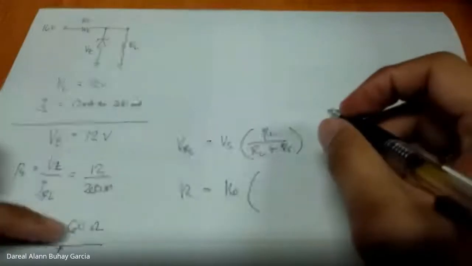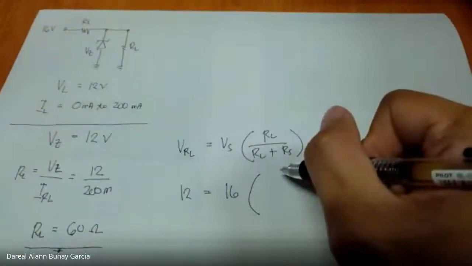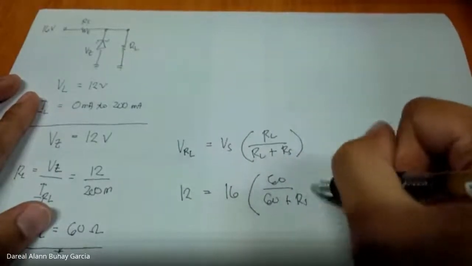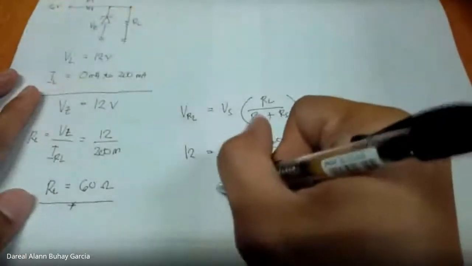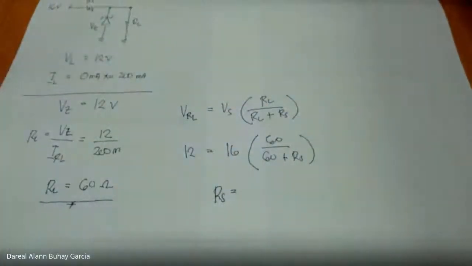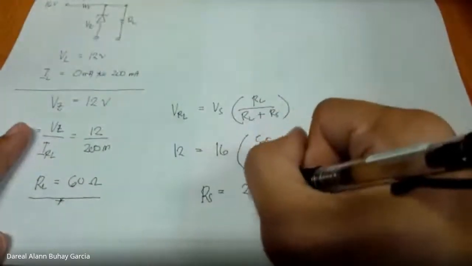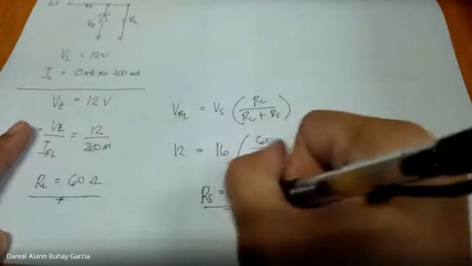RL is 60 over 60 plus RS. Therefore, RS is equal to 20 ohms.